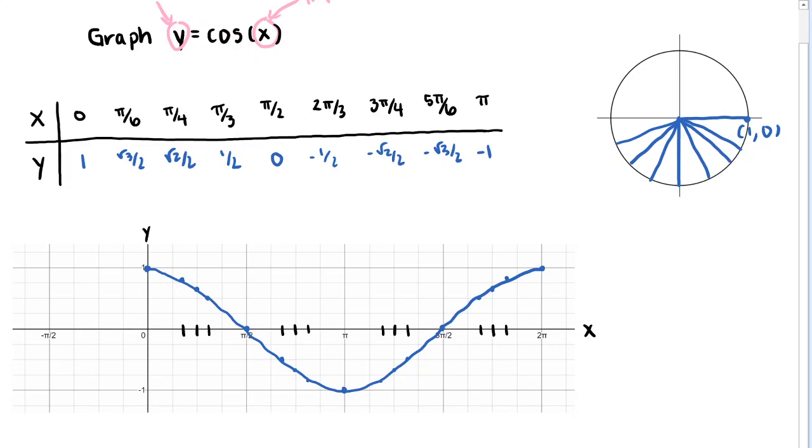Here, if I go pi over 6 further, I'm at 13 pi over 6, and I'm going to get the same x-coordinate, square root of 3 over 2. And so really this graph is going to repeat itself. Knowing this much of the graph is really knowing just about everything you need to know about the graph of this cosine function. It just repeats itself. So again, cosine is periodic with a period of 2 pi.